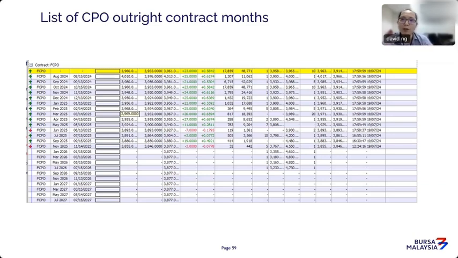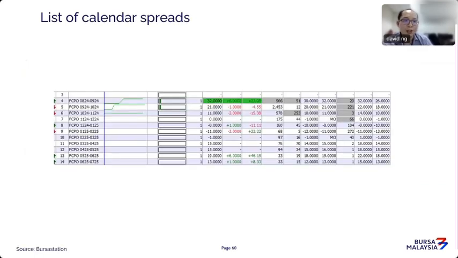As we go further out into further months, you notice that the volume tends to be lesser. So if you are doing a spread on that particular pair, you have to prepare for low volumes. Normally it tells you that the spread or the price won't be efficiently priced because of the volume involved. So these are the list of calendar spreads.